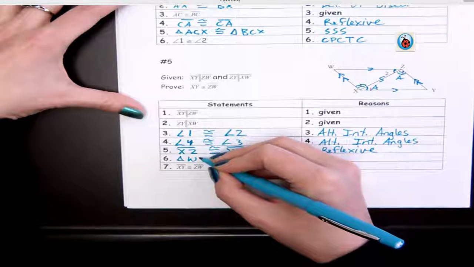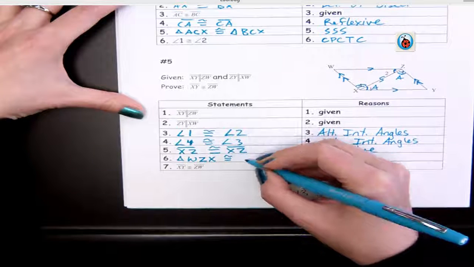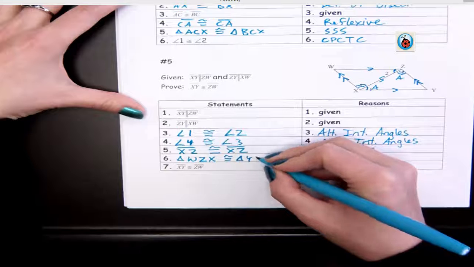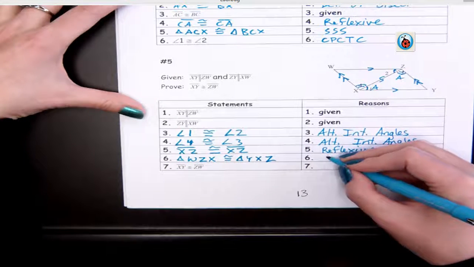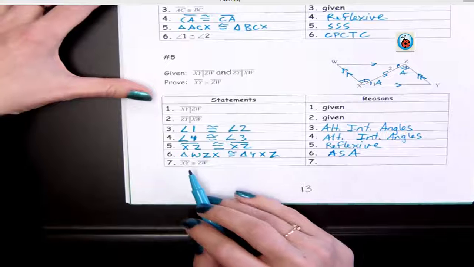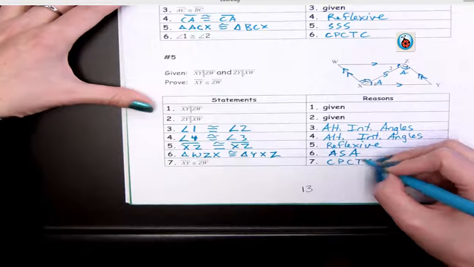The triangle WZX is congruent to triangle YXZ by angle, side, angle. And therefore, now I can prove that the other sides equal each other by my CPCTC.